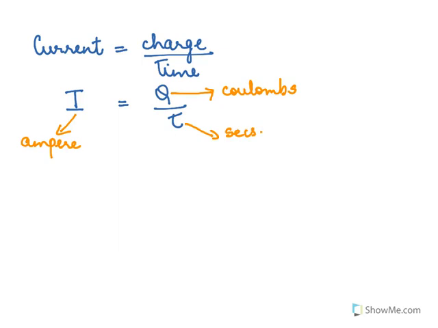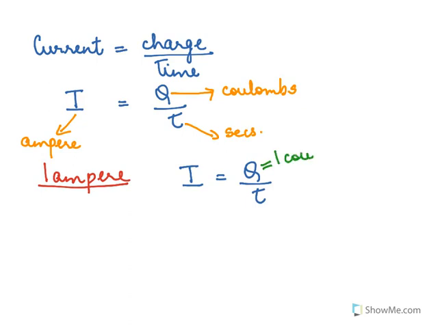Now we'll define what we mean by 1 ampere. How do we define 1 ampere? We know I equals Q over T. If Q was 1 coulomb and time was equal to 1 second, our current I would be 1 ampere.